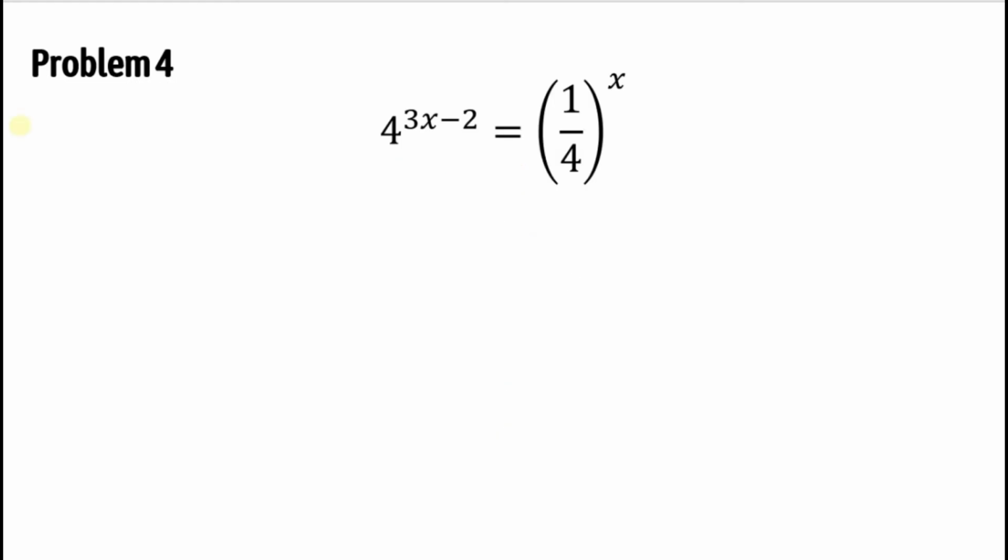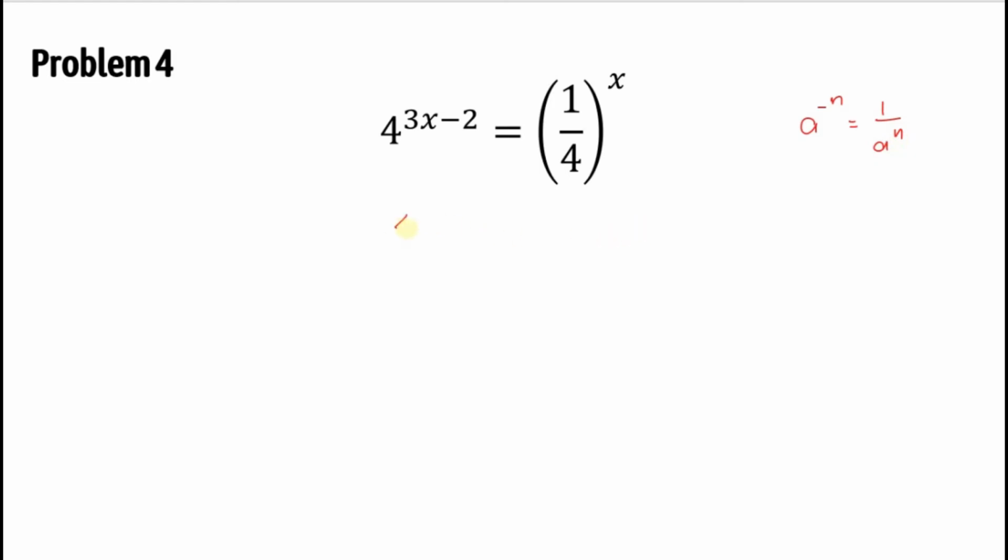We have 4 raised to 3x minus 2 equals 1 over 4 raised to x. So, what we are going to do here is to use the law of exponent. A raised to negative n is equal to 1 over a raised to n.